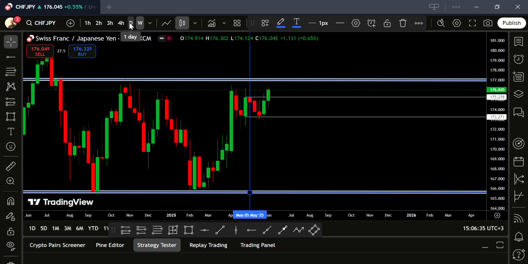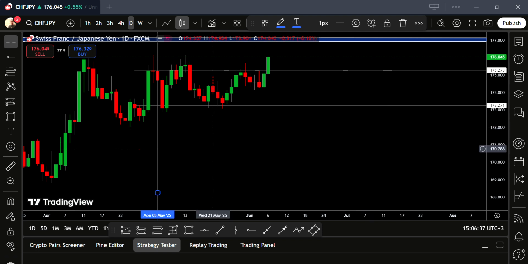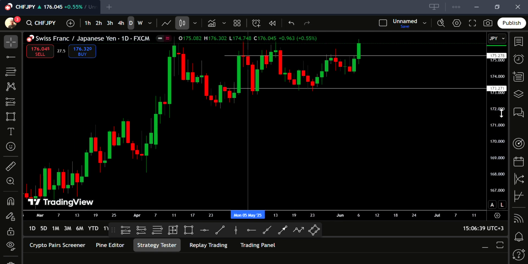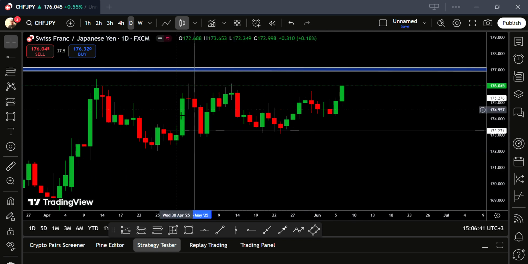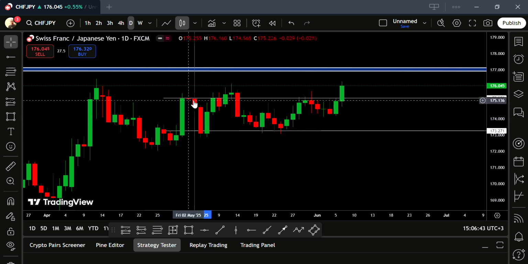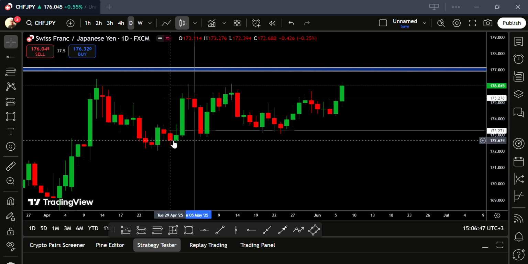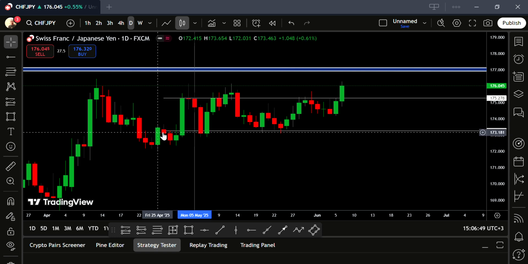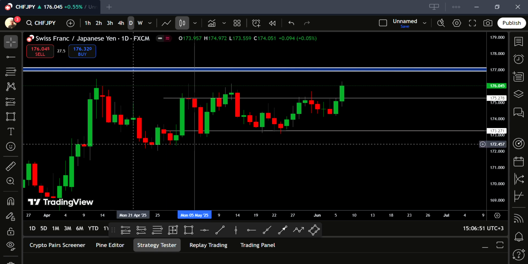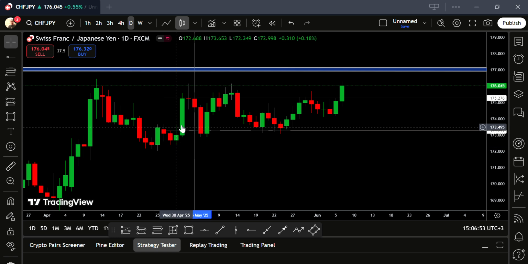So you head to the daily time frame because this is the next time frame below. What do you see? You see that this week started from 1, 2, 3, 4, 5. Started from here, came, tapped into this demand zone, bought up to around here.